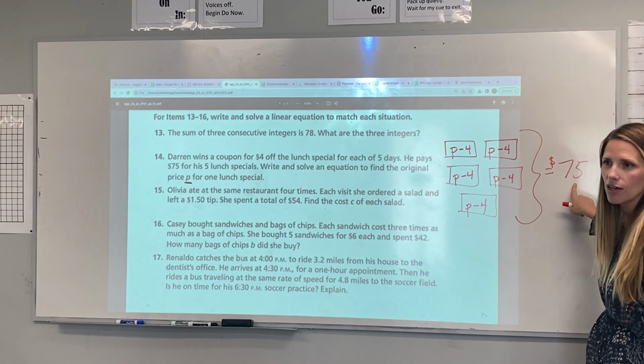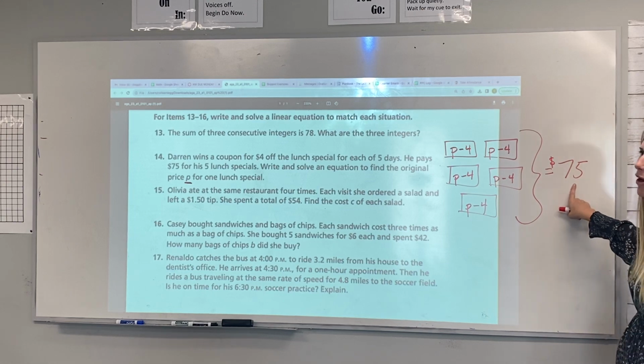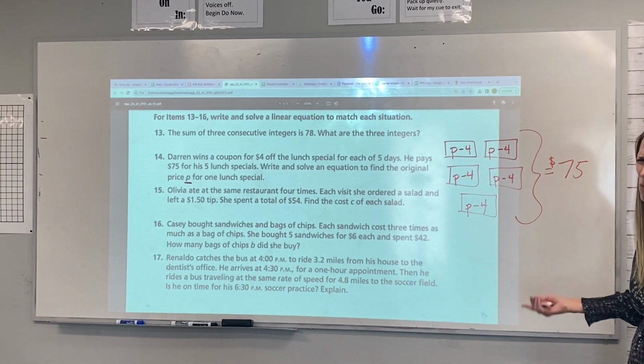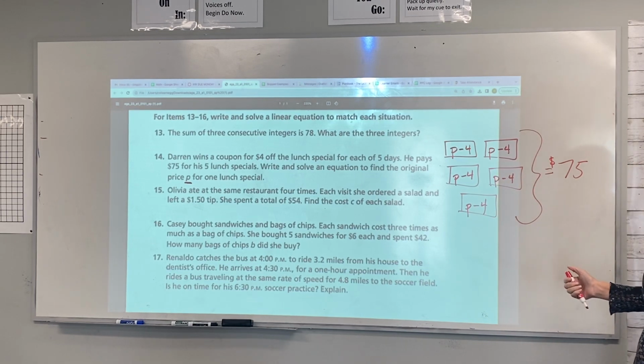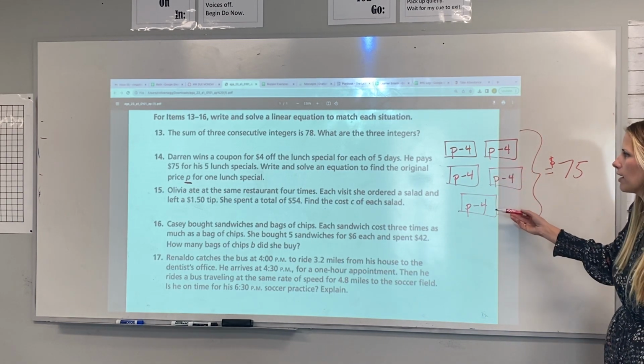Do you also agree that years ago we learned about a special operation that makes adding the same thing over and over much simpler? Yes, multiplication.